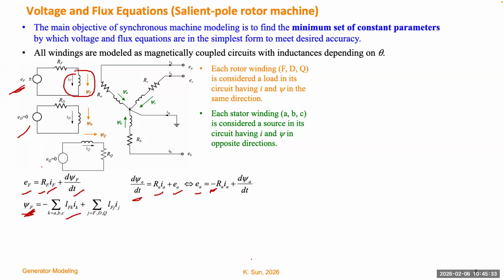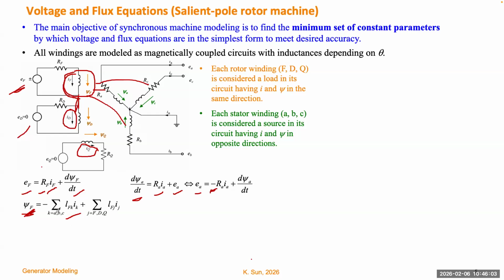The second will be this current multiplied by a mutual inductance between F and D. And then this IQ multiplied by the inductance between F and Q. And also there will be a coupling to all the 3 stator windings.